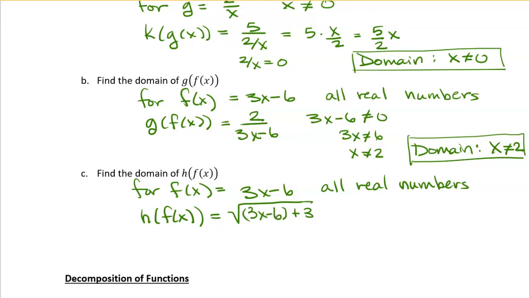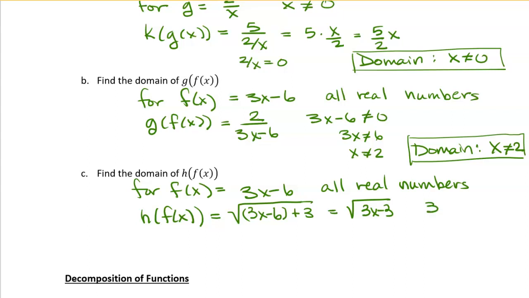Let's simplify that a bit, and we get the square root of 3x minus 3 when we combine the minus 6 and the 3. It's a square root function, so we know that we can't take the square root of a negative. The input to the square root has to be greater than or equal to 0.